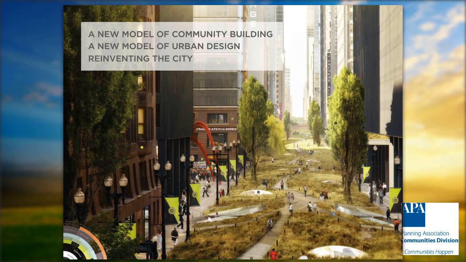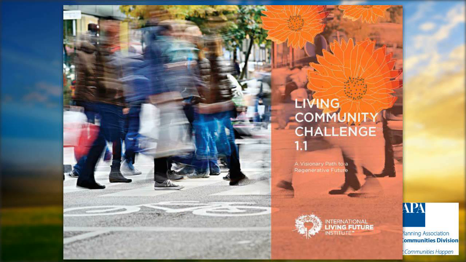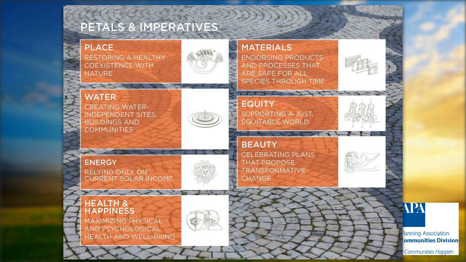Communities are starting to use the Living Community Challenge as a framework to reinvent our built environment in the pursuit of higher performing, more livable neighborhoods. So to achieve this, let's dive into the challenge. For the Living Community Challenge, we have 7 broad categories that define its areas of focus.